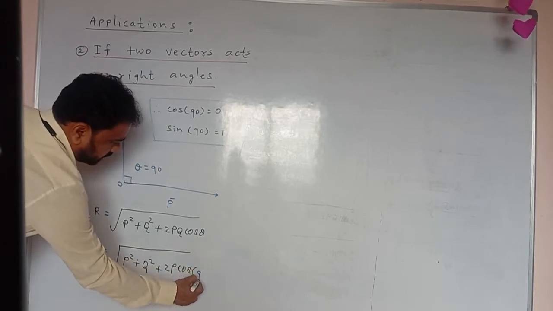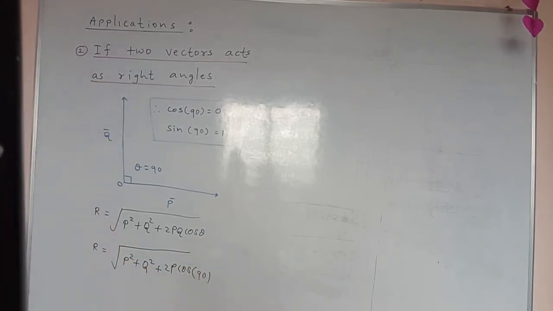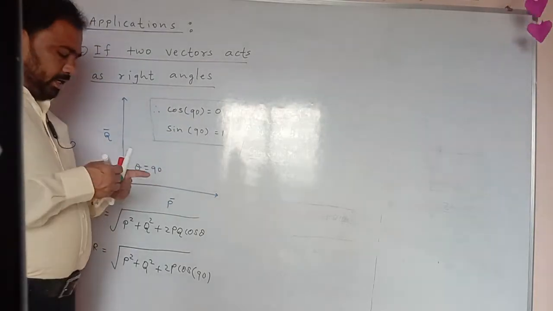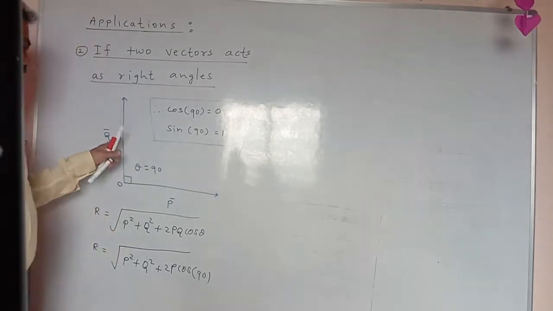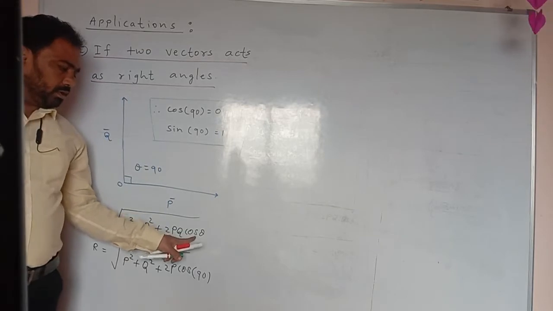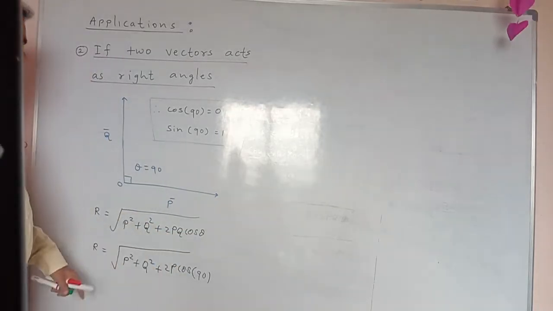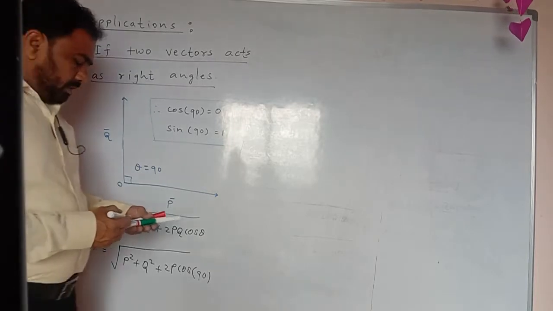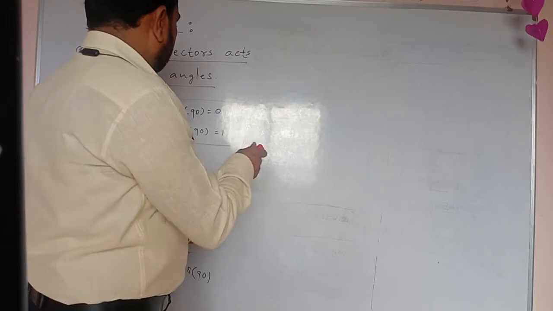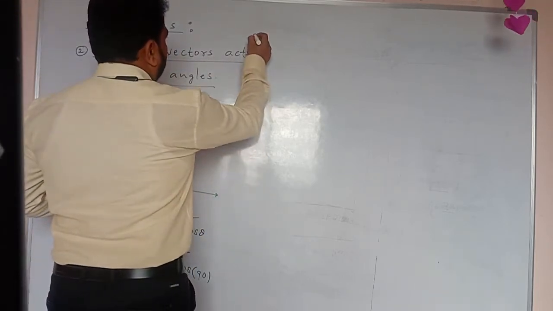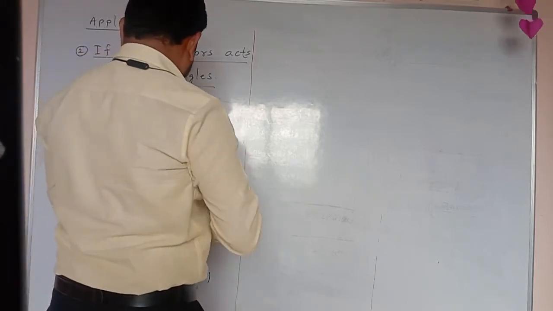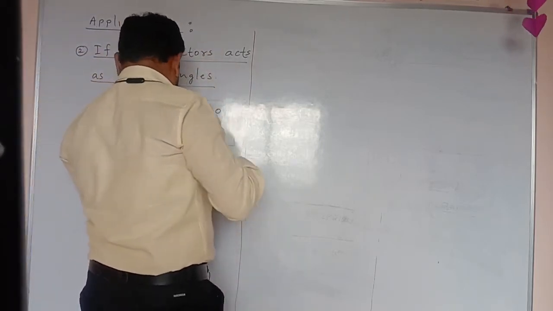Instead of theta we put 90 degrees, because these two vectors are perpendicular to each other. So instead of cos theta we put cos 90, and we know the value of cos 90 is 0.